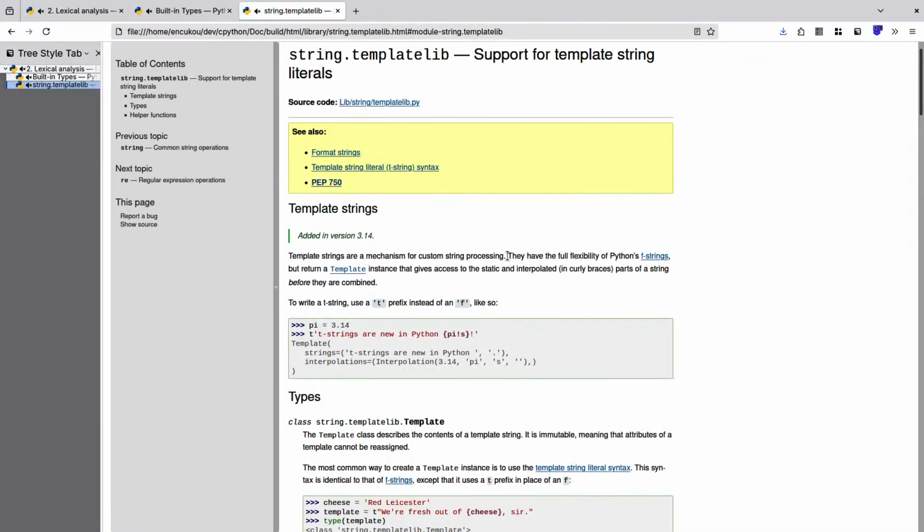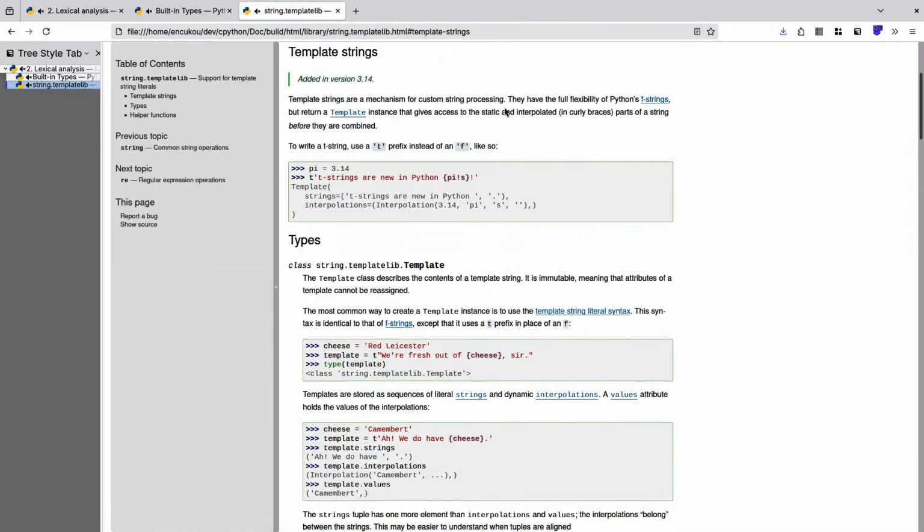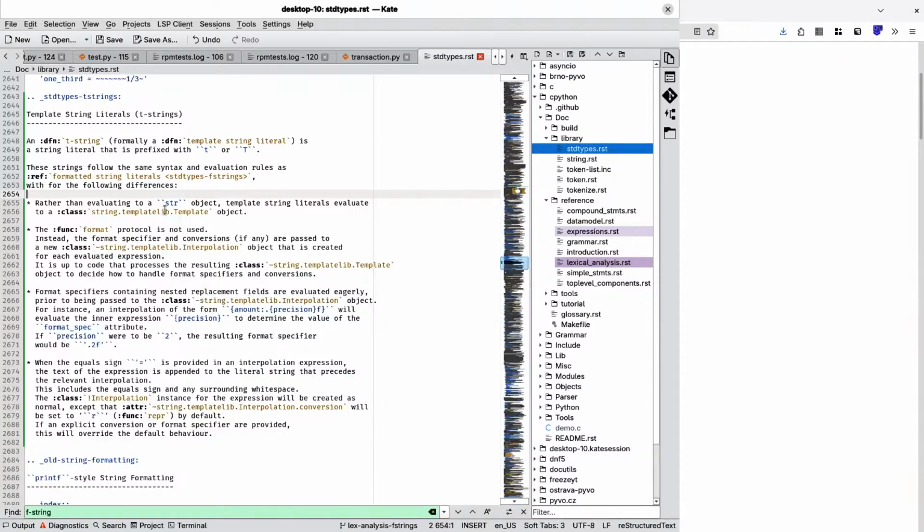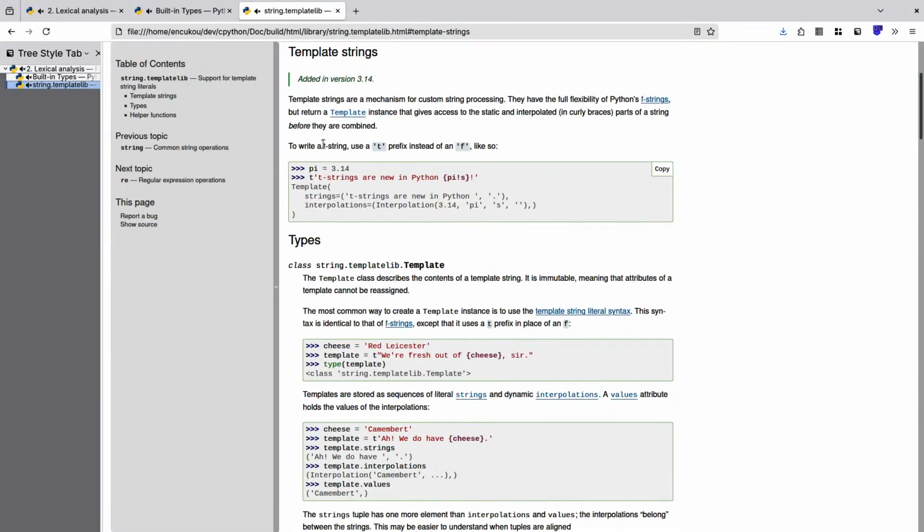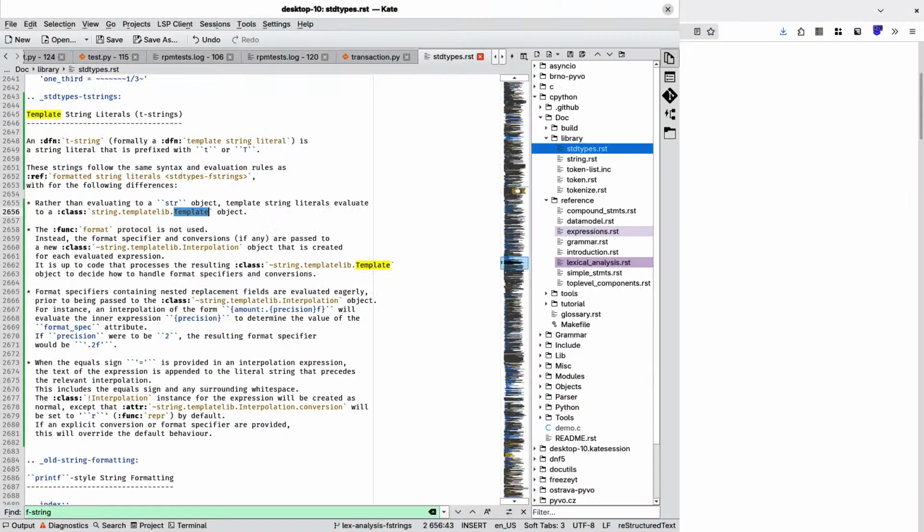Template lib. Definitely link this template. Yes. Once that's linked, I guess we're fine.